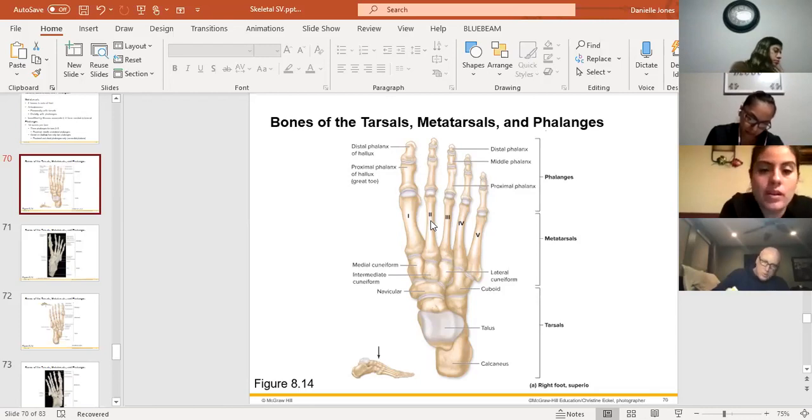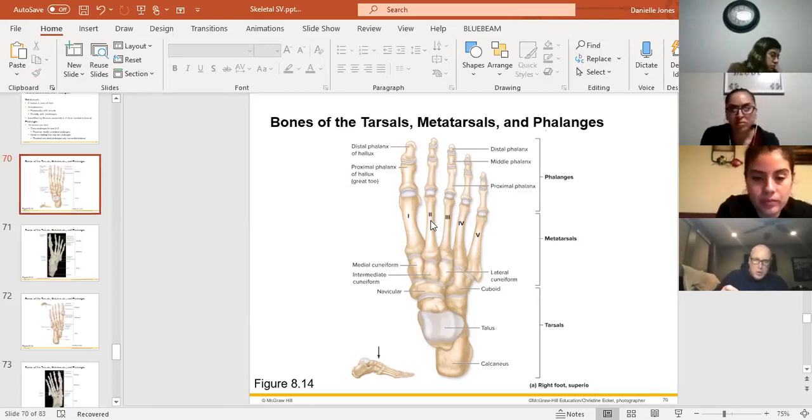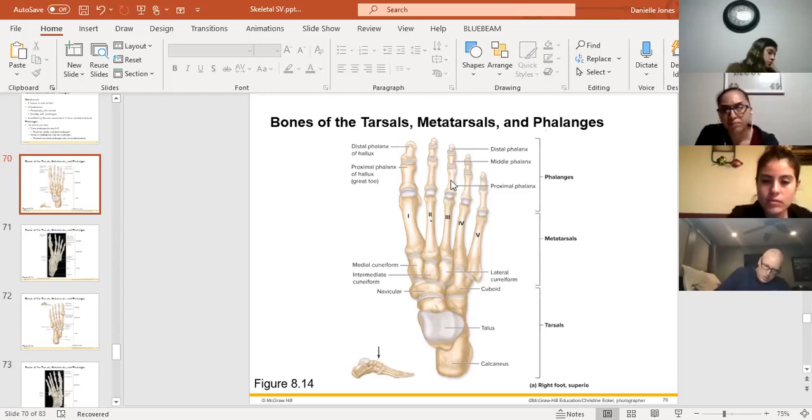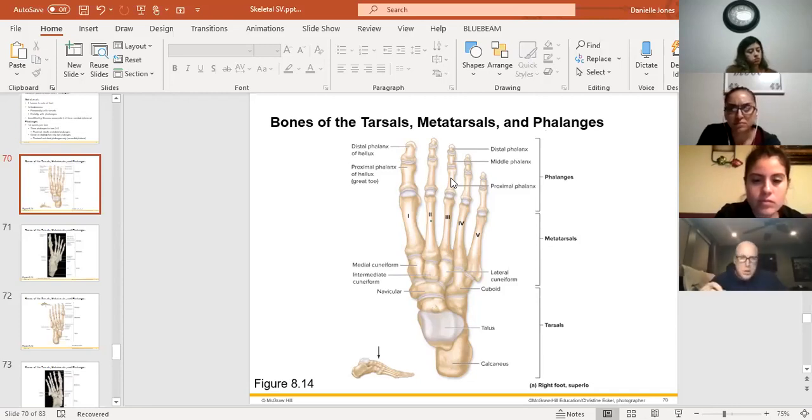Right here, what would this be? Proximal. What's that? Metatarsal 2. Yeah, you got it. What about this one right here? Proximal phalanx 3, yes.